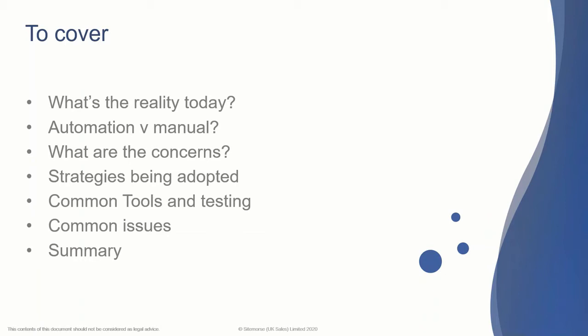Then we're going to discuss the common tools used to create and test PDFs for publishing on the website, specifically Microsoft Word, Adobe InDesign, and Adobe Acrobat, including, of course, the new document report from Sitemorse. Then, what are the most common PDF accessibility issues that we see when we do automated testing? And finally, a small summary.